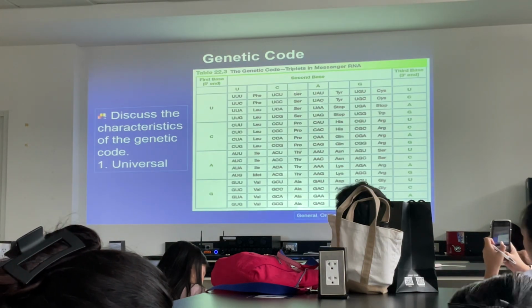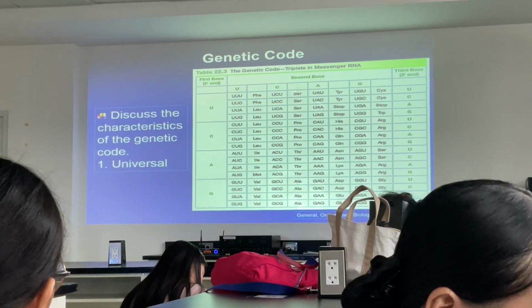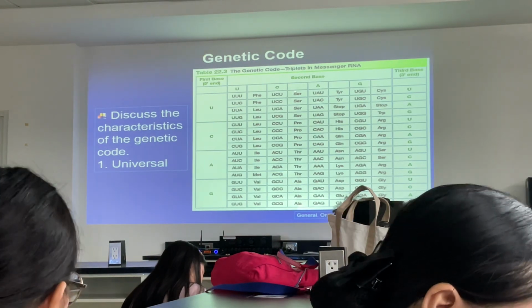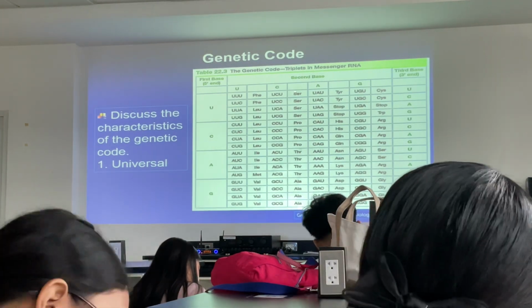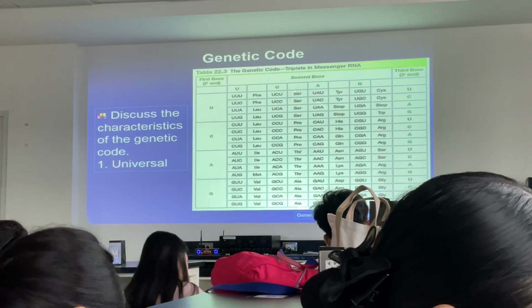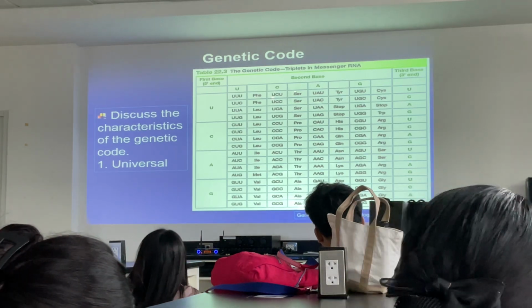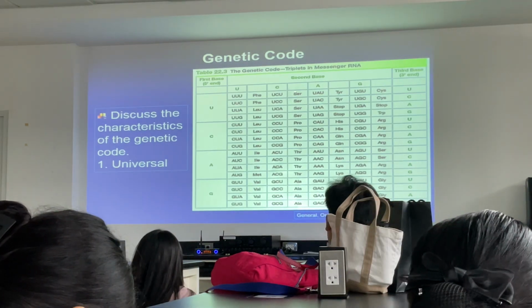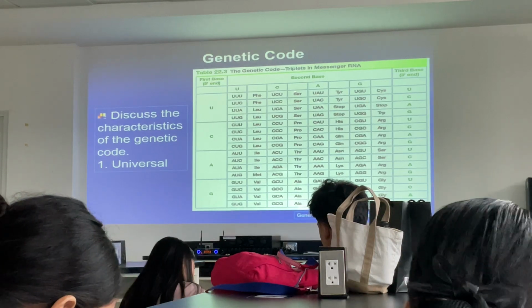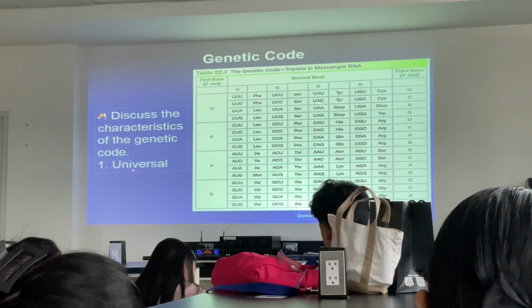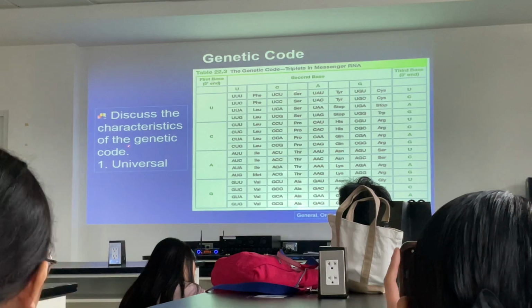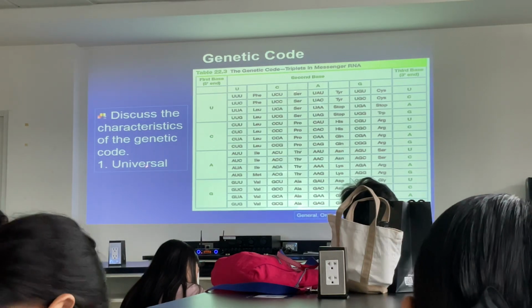We'll now discuss the characteristics of the genetic code. Remember the genetic code? This refers to the sequence of nucleotides coming in threes in the messenger RNA that will dictate the synthesis of protein in the ribosome. Its first characteristic, it is universal. What is the meaning of that?